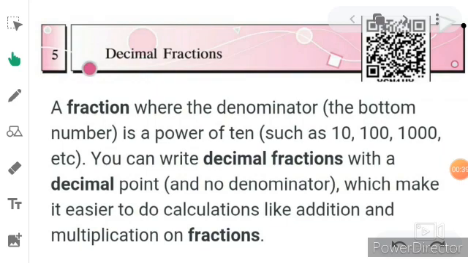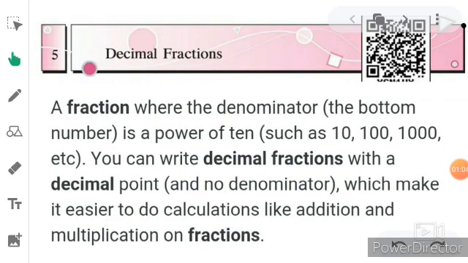First of all, you know very well what is meant by fractions. Now what is meant by decimal fractions? A fraction where the denominators are 10, 100, 1000, or we can say multiples of 10. Whenever 10, 100, 1000 comes in the denominator place, we will call it a decimal fraction.